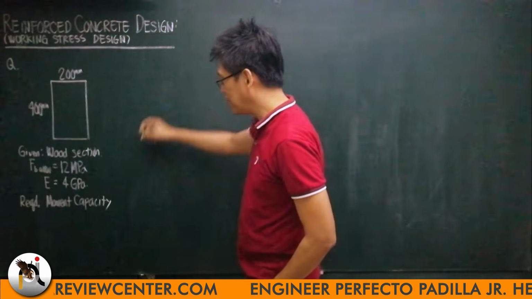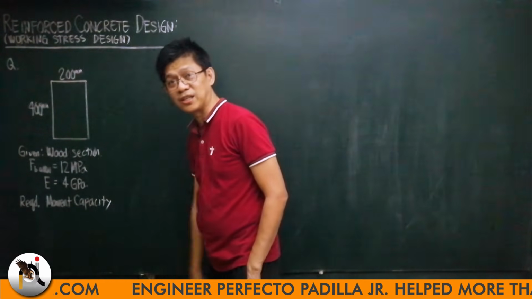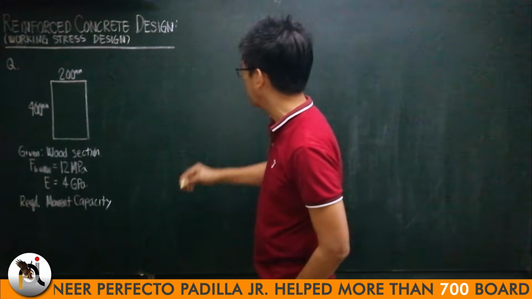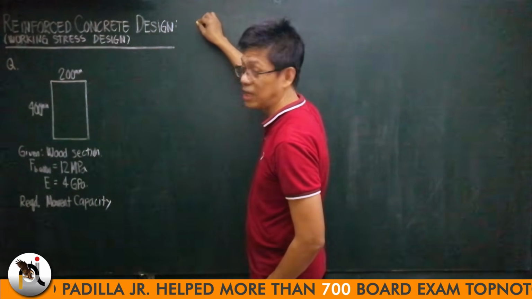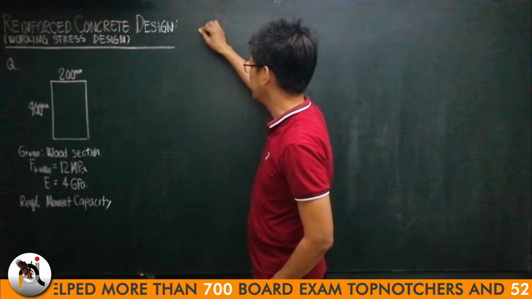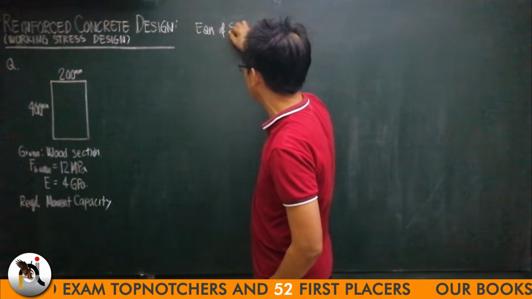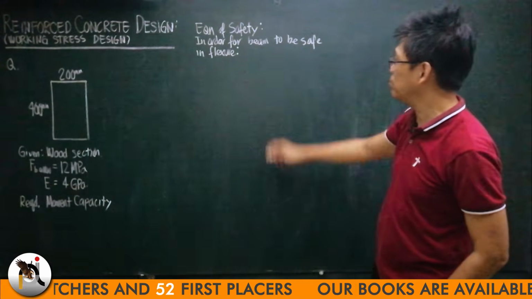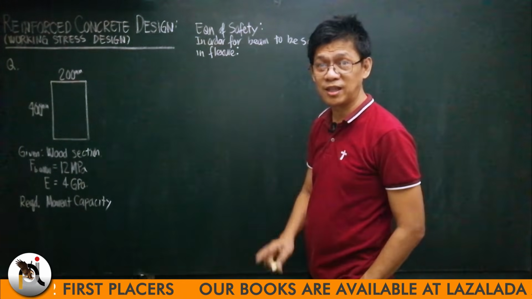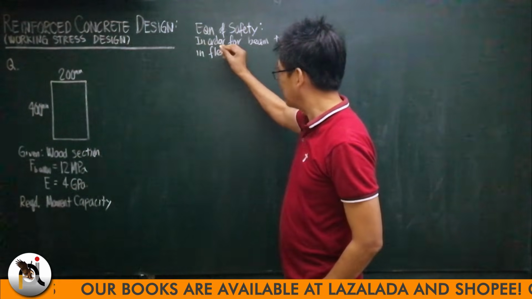Now, since we have here allowable stress, in order to use that, we will have here the equation of safety. So, our equation of safety is this. In order for a beam to be safe in flexure, the requirement is simple.